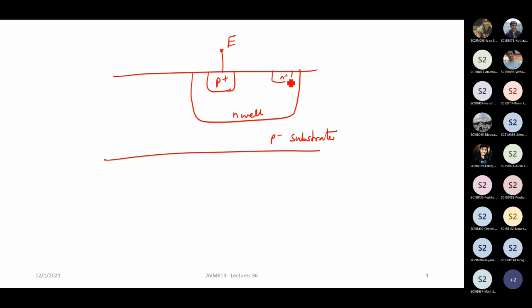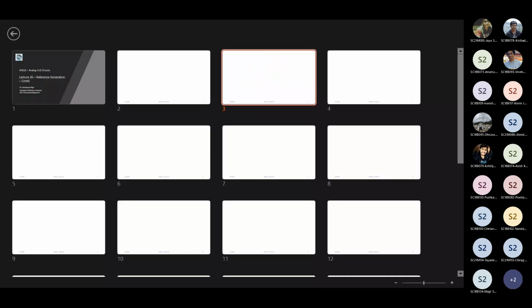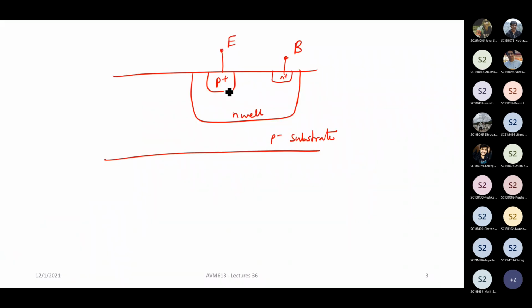You have an N plus contact, which gives you the base. Let's say this is your emitter, this is your base, and this is your collector. So you put a P plus diffusion, and then you take the contact for the collector. So you have a PNP transistor, which can be easily formed in this way. Similarly, there are other ways to form the NPN transistor.